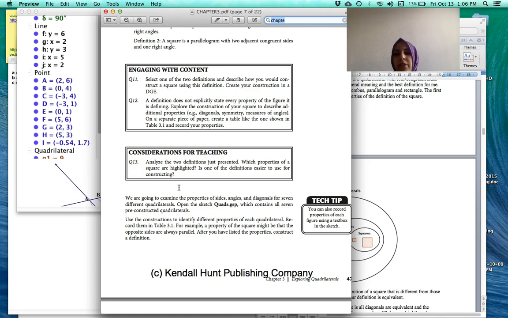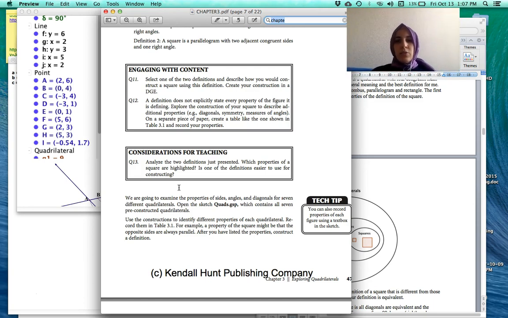In my opinion, definition 1, a square is a quadrilateral with 4 congruent sides and 4 right angles, is easier to use for constructions because we just need the same length of sides and connecting two sides with a right angle is easy. Also it's easier to use for constructing.